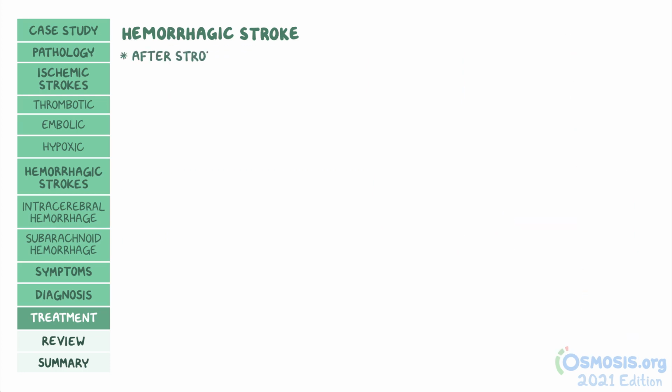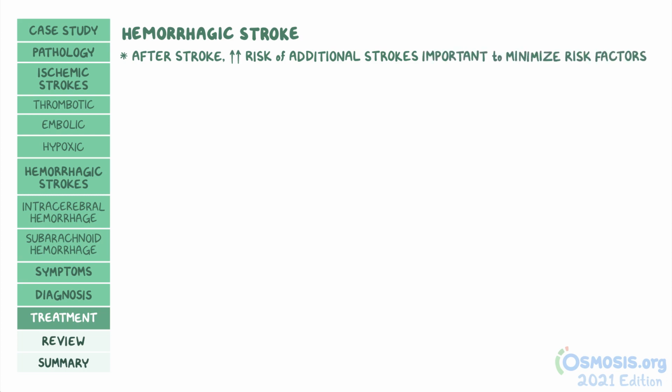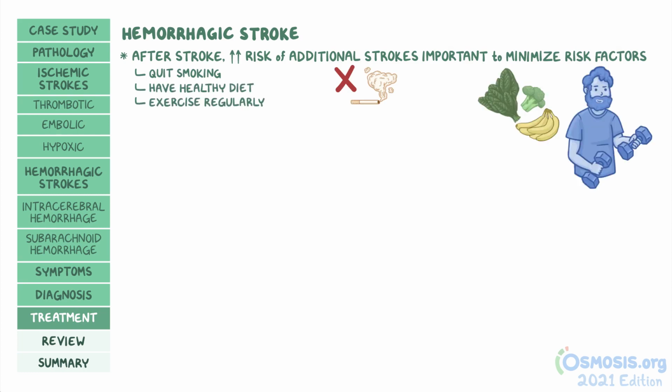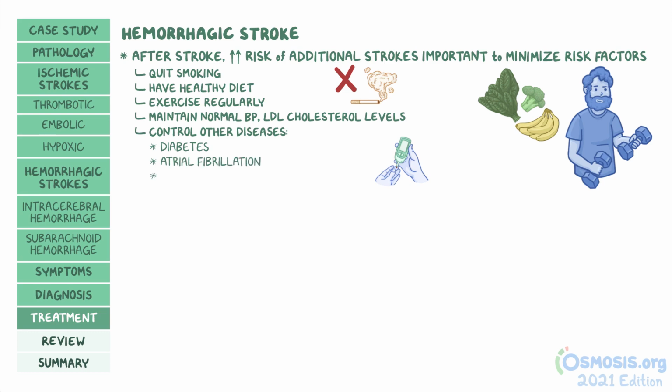Alright, now after a stroke has occurred, there is an elevated risk of having additional strokes, so it's important to minimize risk factors. The main way to do this is to quit smoking, have a healthy diet, and exercise regularly, as well as maintain a normal blood pressure, normal LDL cholesterol levels, and control other diseases like diabetes, atrial fibrillation, and carotid artery stenosis.